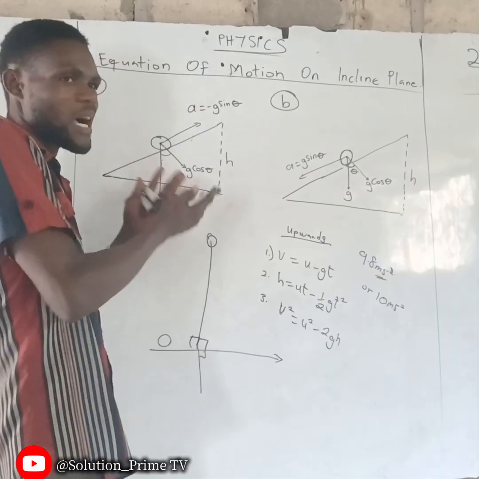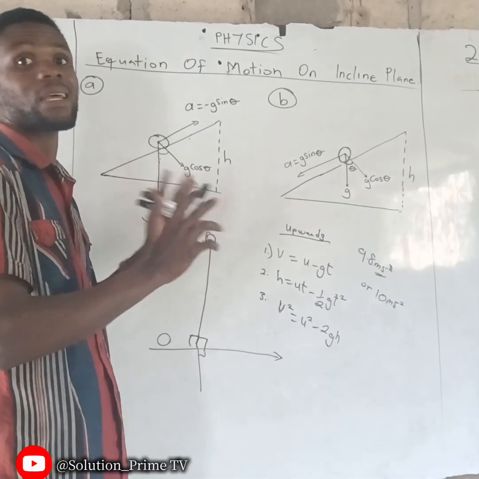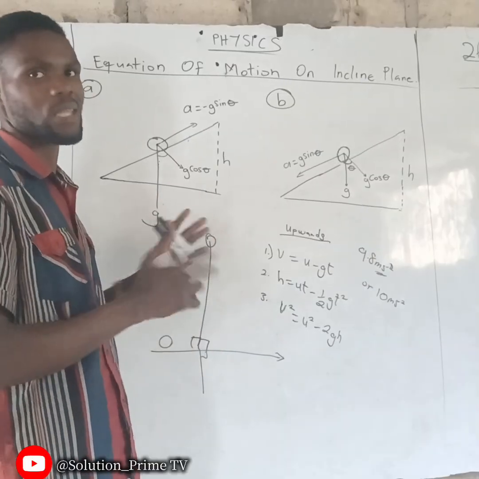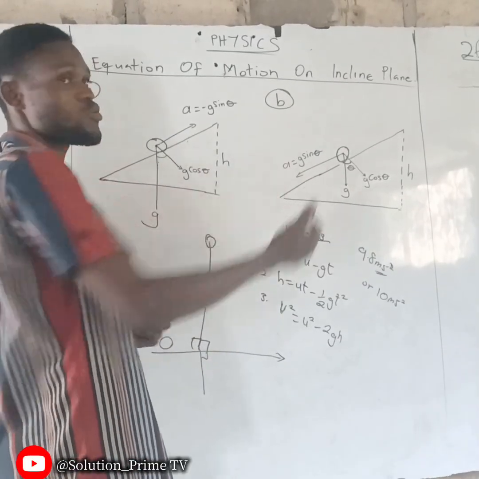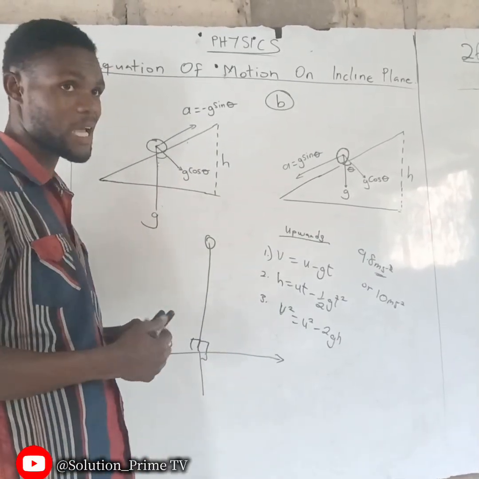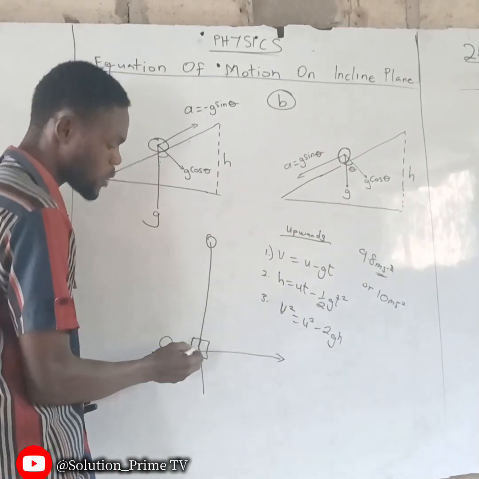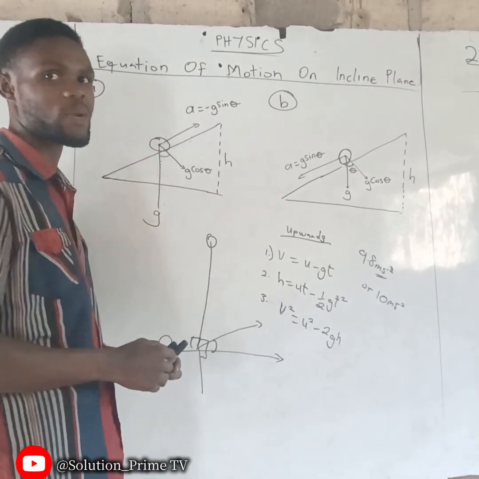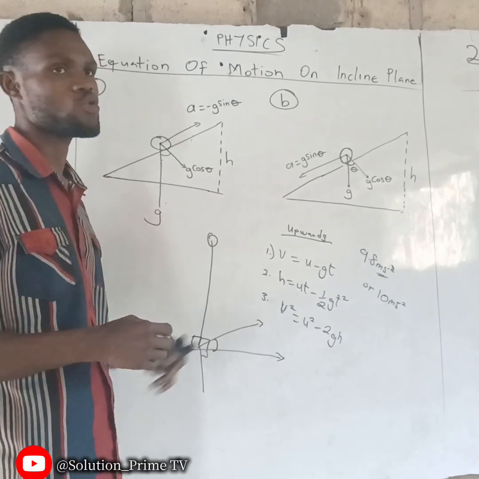Most of us say tan inverse for tan theta, but we are not going to use tan. We are going to use sine and cosine when we have an inclined plane. So when the body is moving at an angle apart from 90 degrees, you resolve it.